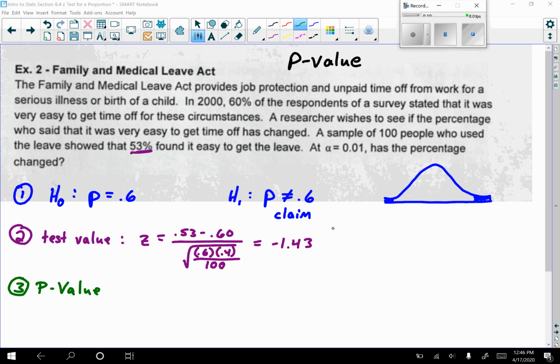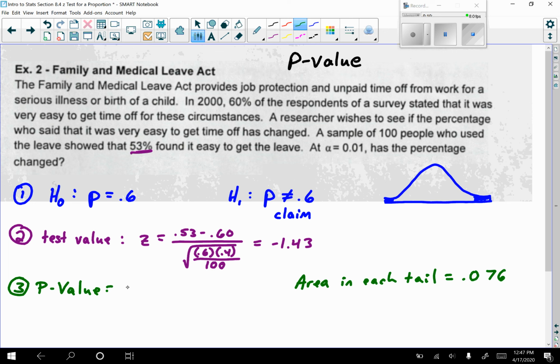This gives us the area on either tail as about 0.076.